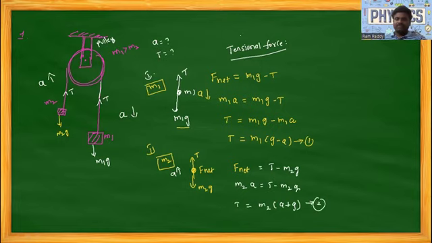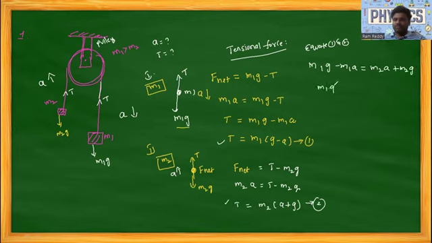If we observe equations 1 and 2, the tensions are both equal. If we equate equations 1 and 2, then M1G minus M1A is equal to M2A plus M2G. Let us find the acceleration.